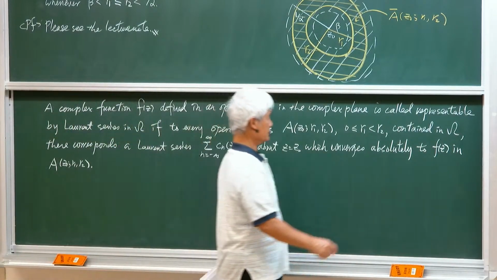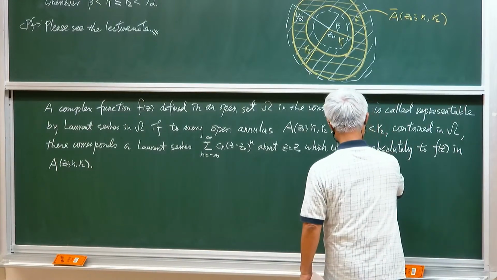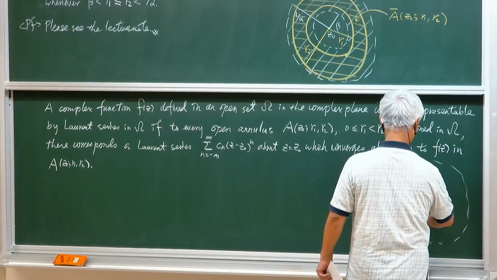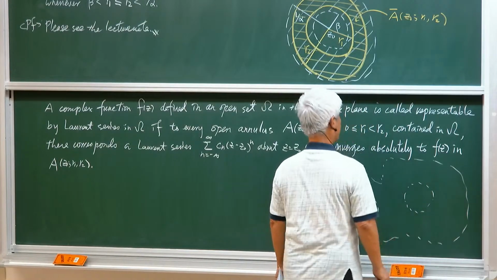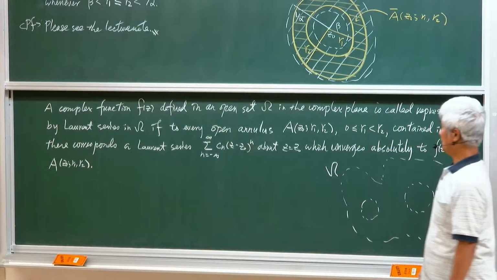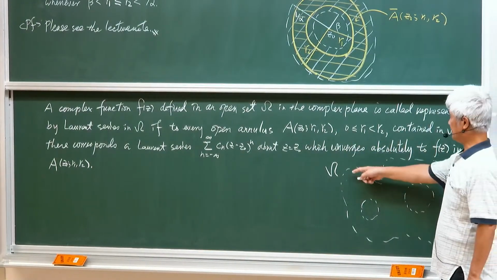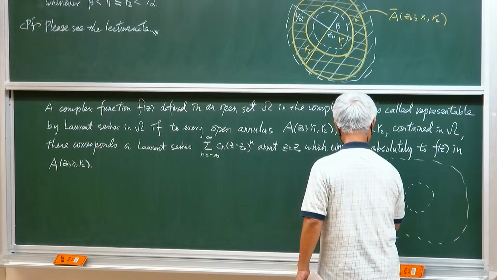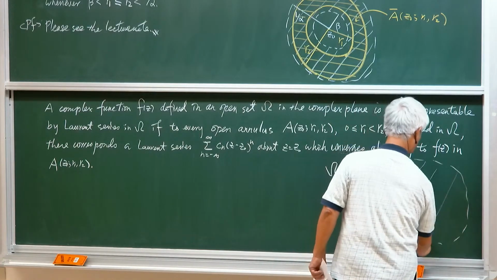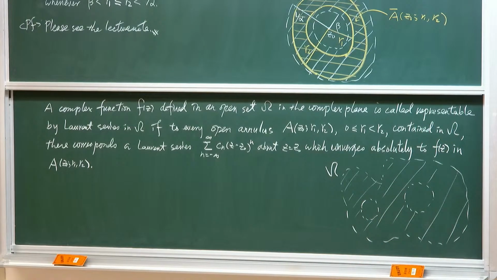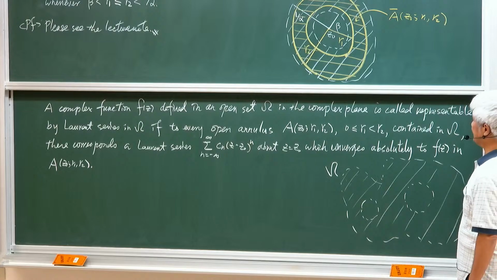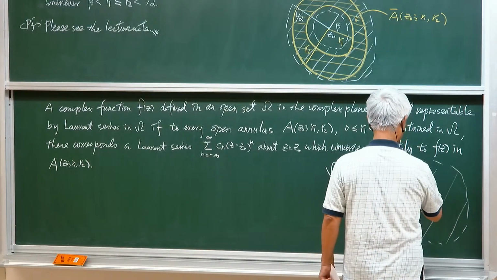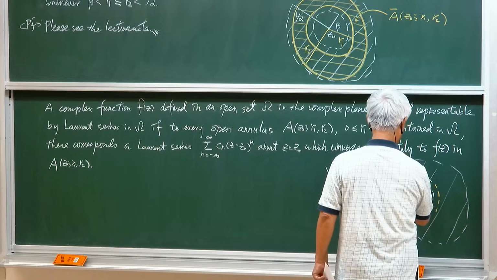Okay, so which means that a complex function f of z defined on an open set omega, suppose that this is omega, so this is our open set, is called representable by Laurent series if we find an open annulus, so for example, suppose we find an open annulus here.